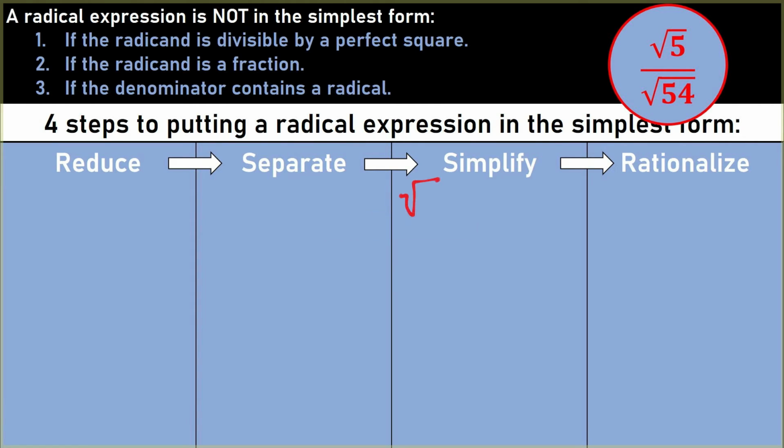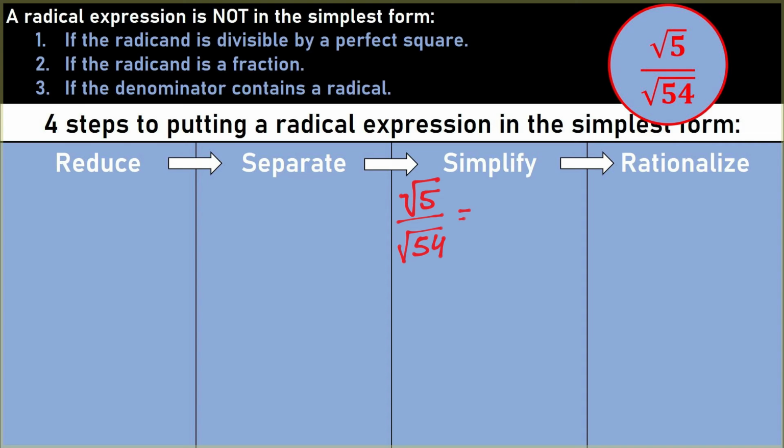So we have the square root of 5 over the square root of 54. And we have to think through all of our perfect square numbers, starting at the end with 225 and working our way down through every number until we find the largest perfect square that goes into 54. And when we go through that process, the largest perfect square that goes into 54 is 9.